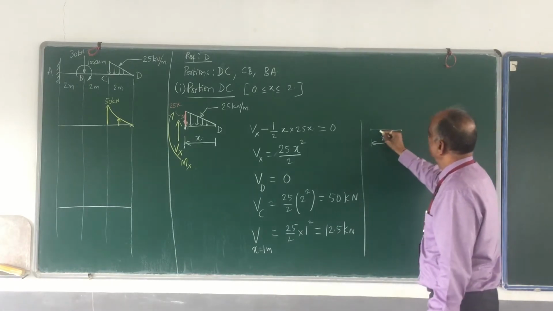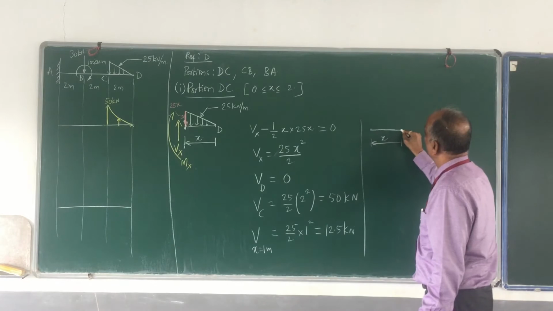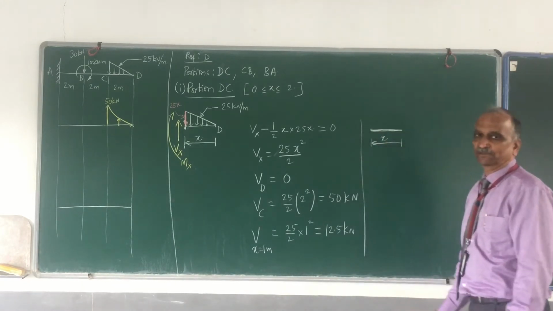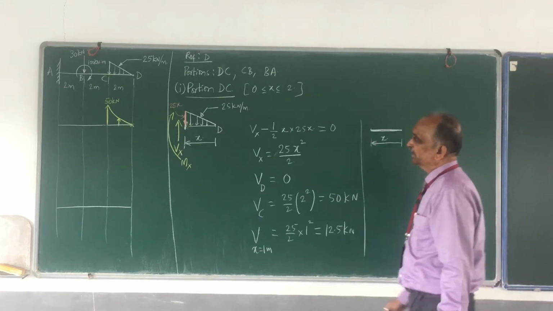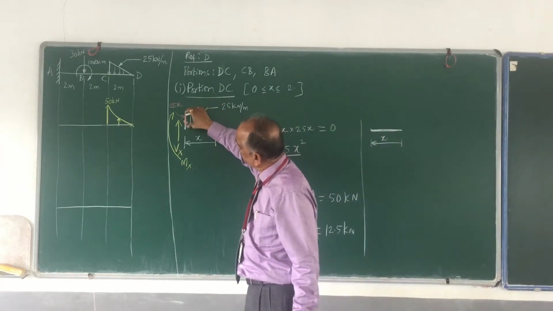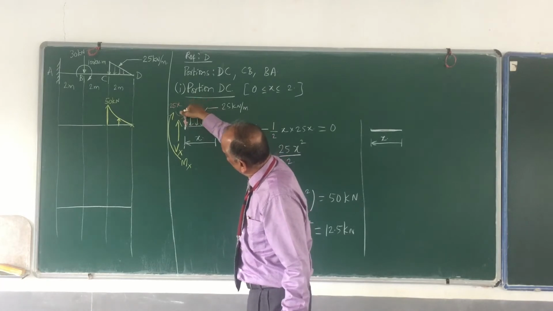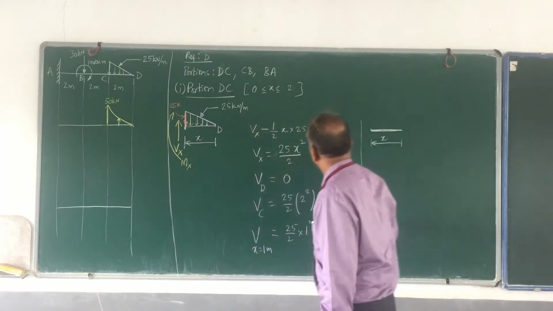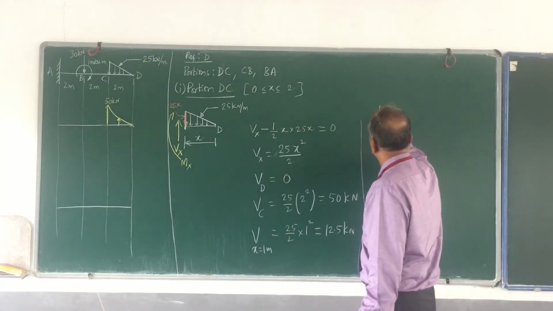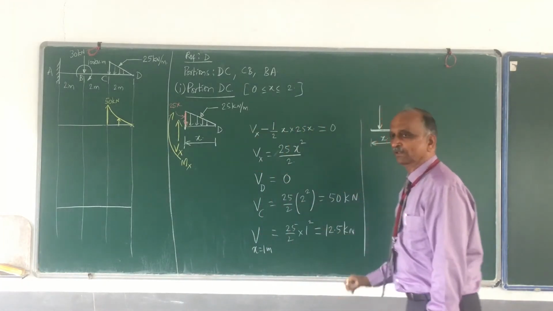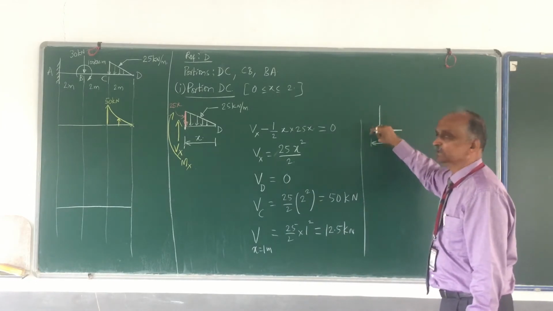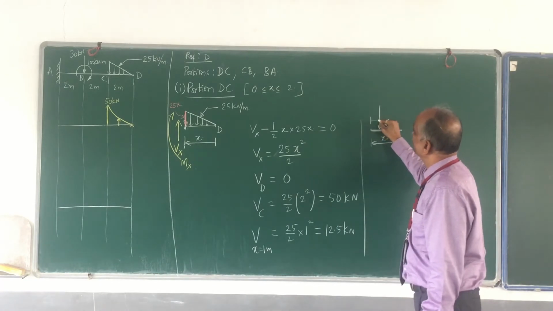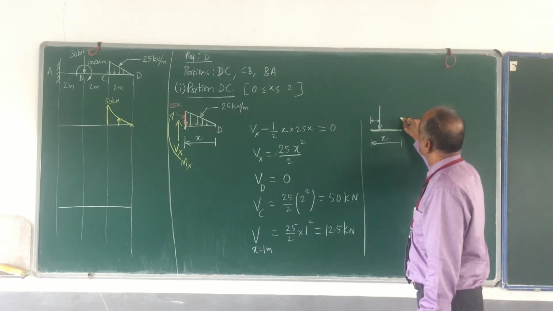The equivalent point force acts at the center of gravity of the triangle. Do you agree that it is closer to this side, where it is increasing? Therefore, it is somewhere here. So this portion is more and this portion is less.